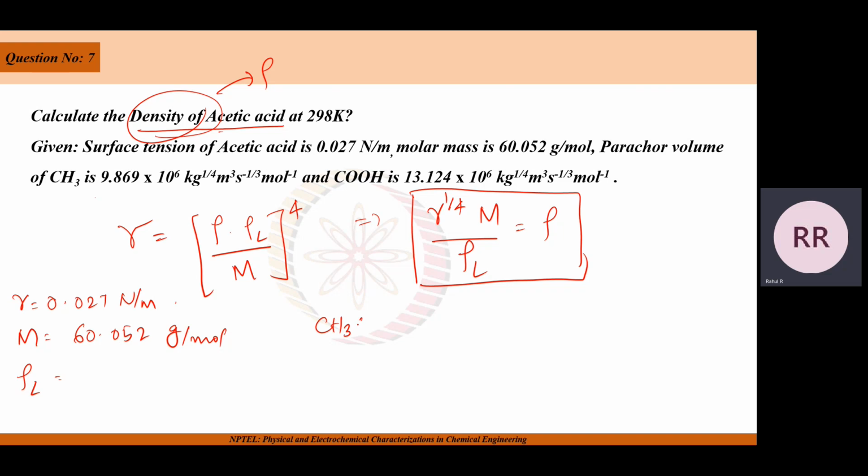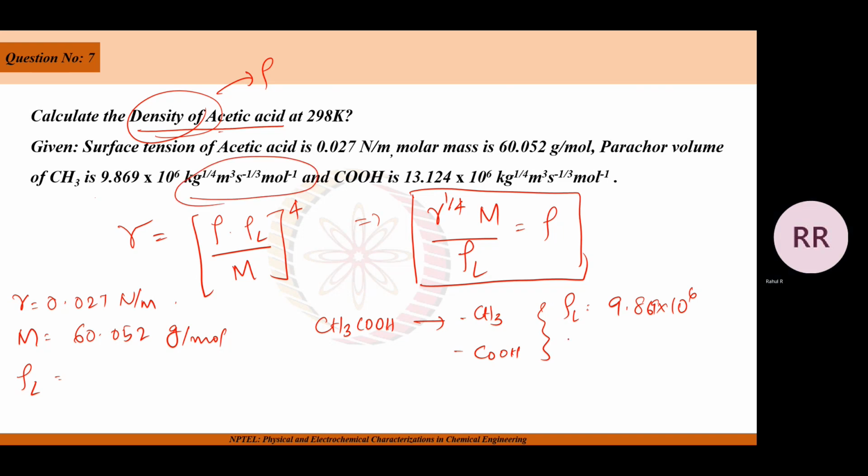It is CH3COOH, so it can be split into CH3 and COOH. From the data provided in this lecture, we can get the value of CH3 to be 9.869 times 10 to the power 6, and for COOH it is 13.124 times 10 to the power 6.